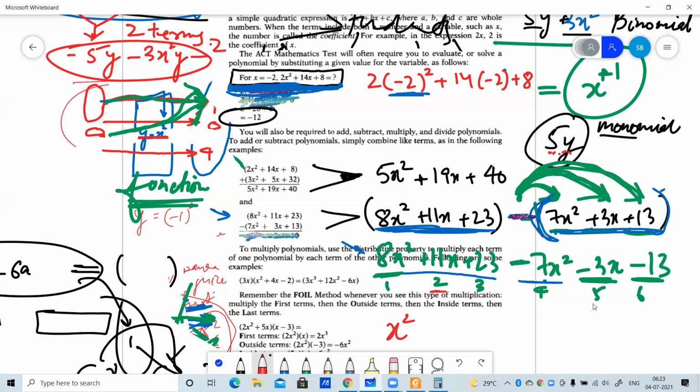Second term and the fifth term is like, because same variable and same power. So 11x and negative 3x, it'll be positive 8x. And then I will see again any like terms. So 23 and negative 13, third and the sixth term, it'll be positive 10. So that'll be the answer.